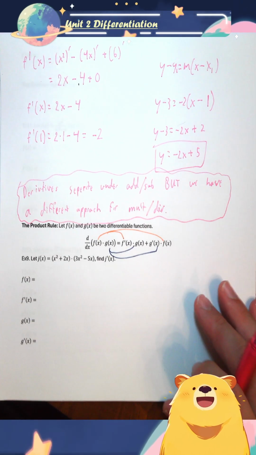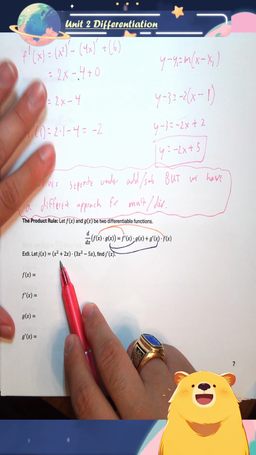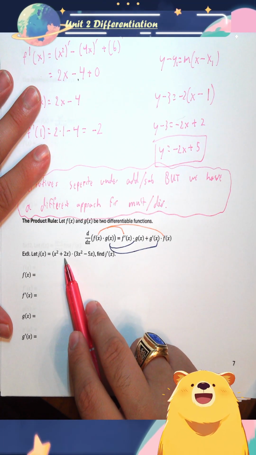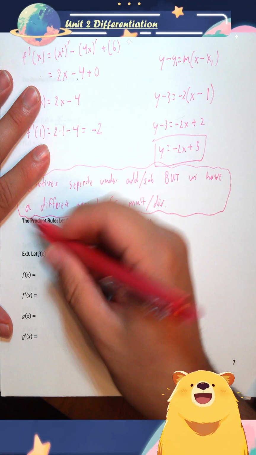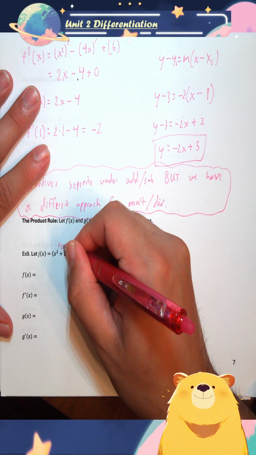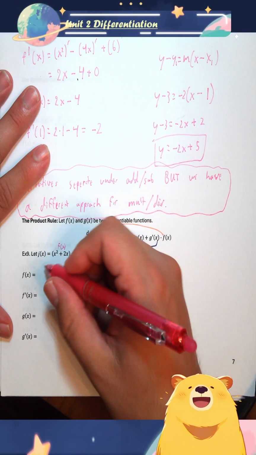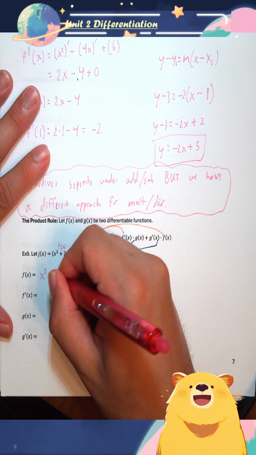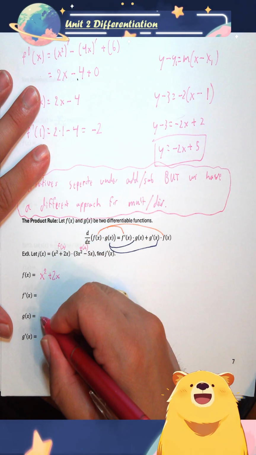So you can sort of just have that mentality. Let j of x be the product of two functions, x squared plus 2x and 3x squared minus 5x. Let's label this f of x, and let's label this g of x.